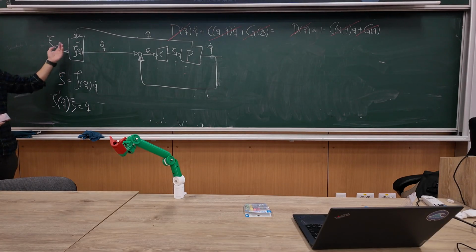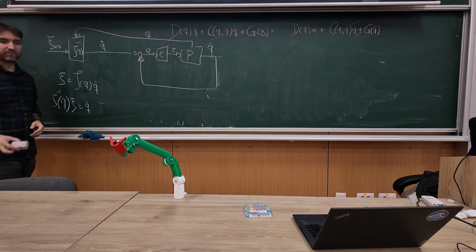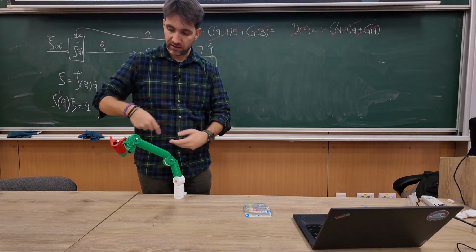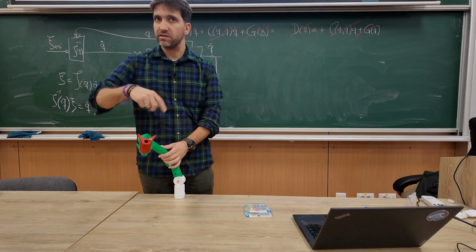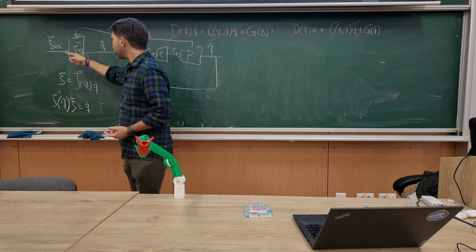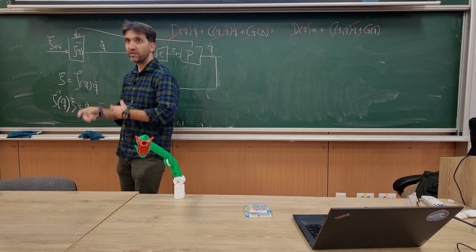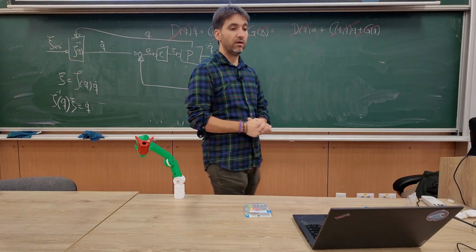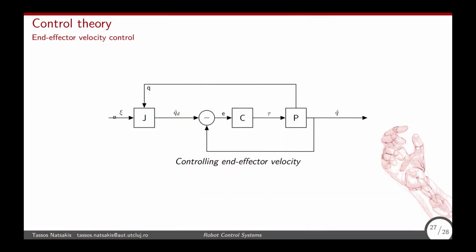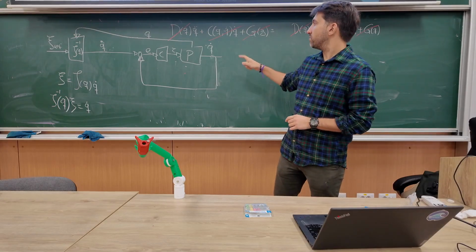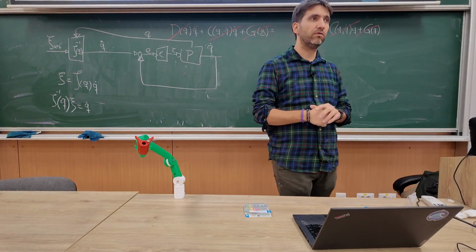It's not really feedback because it's not a controller here, but I need to update the Jacobian because the Jacobian is a function of Q. So I have a Jacobian at this configuration, but the moment I start moving, the Jacobian has changed. So if I want to do end effector velocity, I need to update the Jacobian to calculate the joint coordinates with the new Jacobian. There is a -1 missing here. But that's the idea. We take Q from the process, and we feed it back to update the Jacobian.